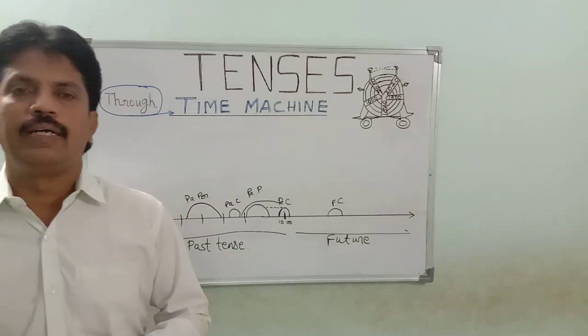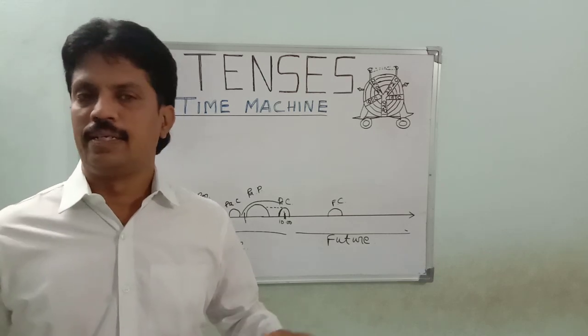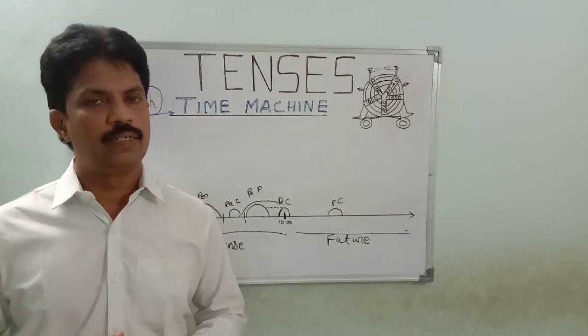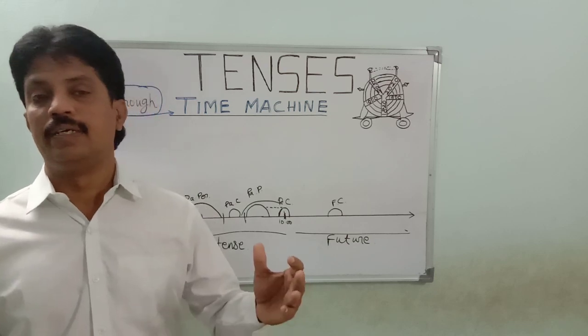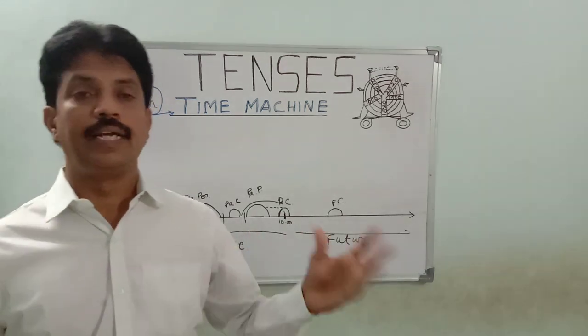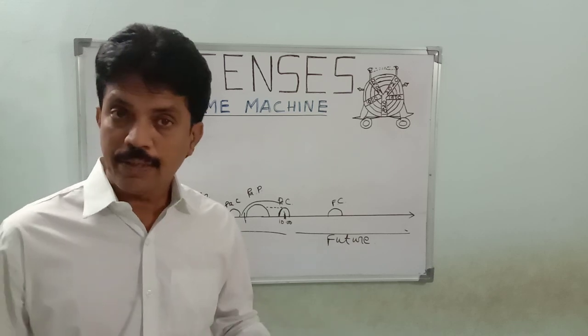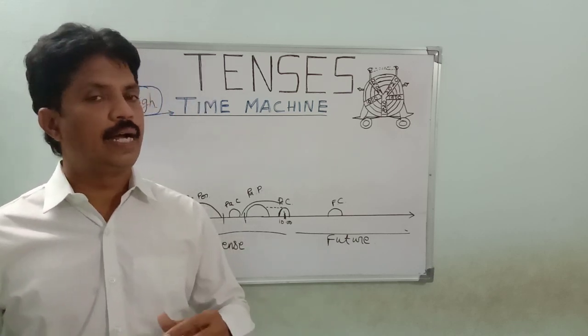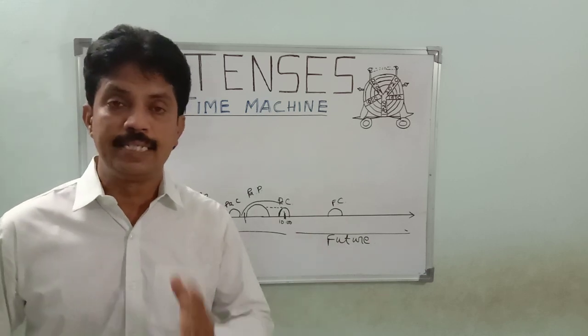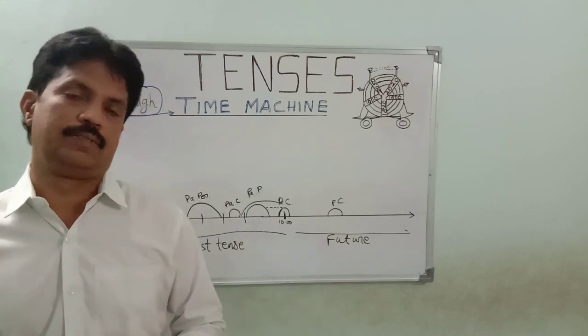If I say my uncle had gone to London, people get some questions. What happened to him? Whether he came back, or he stayed there, or is he alive? There will be questions. So my uncle had gone to London before he settled in America.